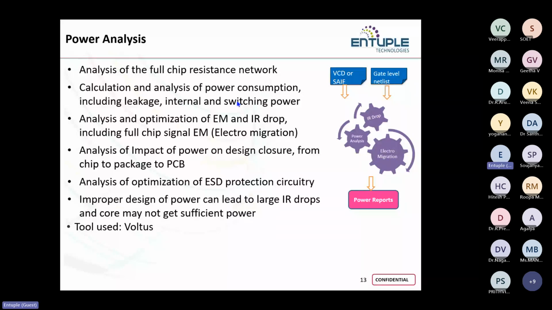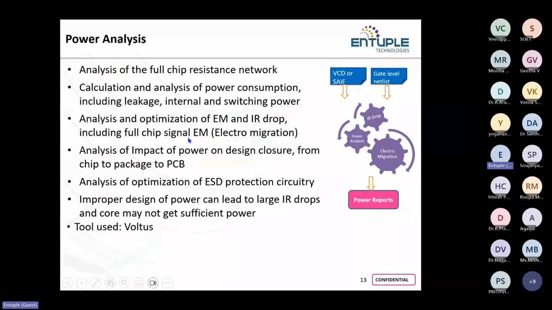These terms are basically extracted from the behavior of the circuit, and kept as standardized components: leakage power, internal power, and switching power. So there is optimization of this analysis and optimization of EM and IR drop, including full chip.